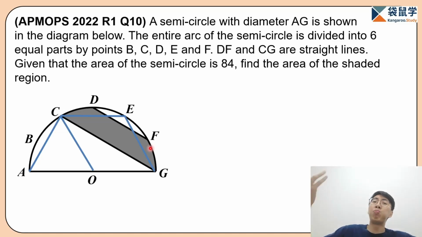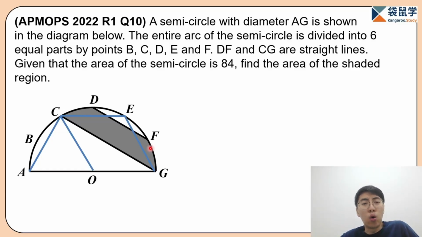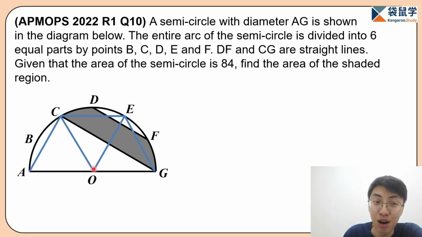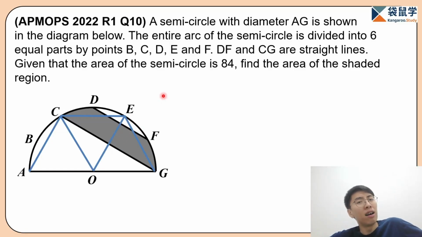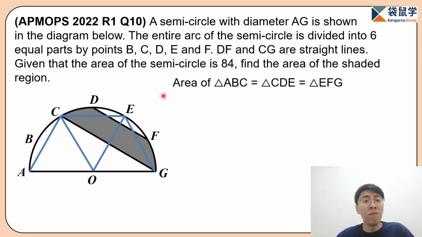But what is the point of doing this? With that, I can also join one more line from E to O, and I've successfully split this figure into how many parts? I split it into 3 equal parts: 1 part, 2 part, and 3 part.